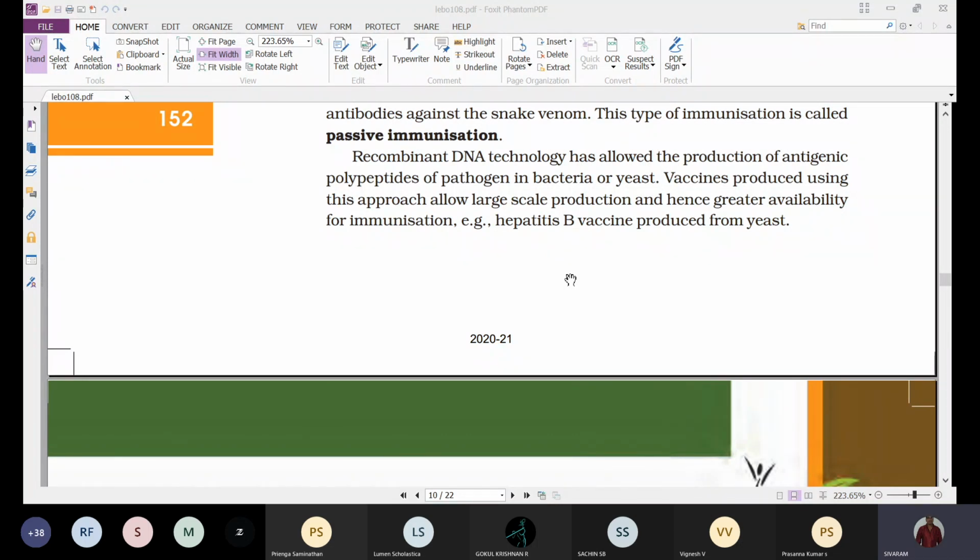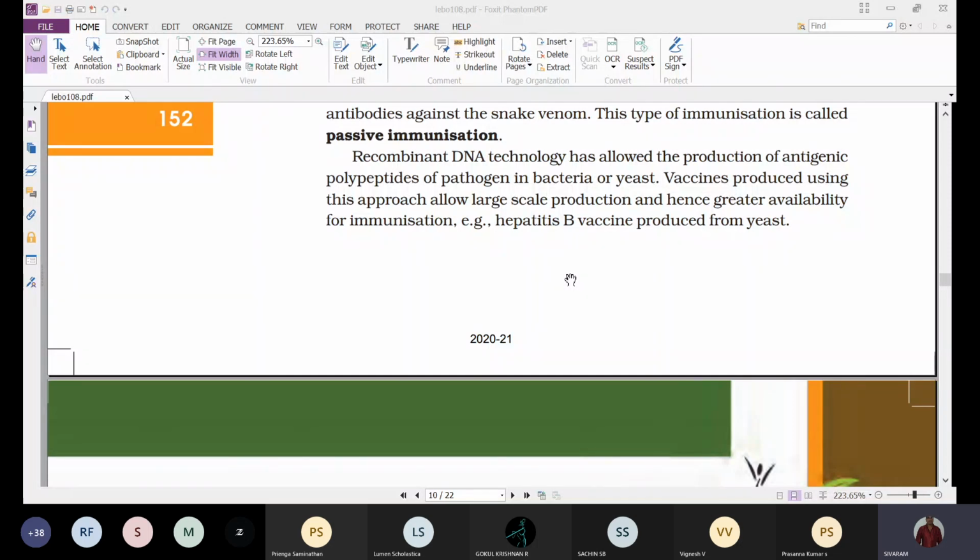We can't produce them from the disease causing microorganism, because they are associated with that pathogen itself. We are not able to obtain them separately, because they are completely associated with that disease cell. Then how can we obtain these antigenic structures, the proteins which represent the antigenic structure?